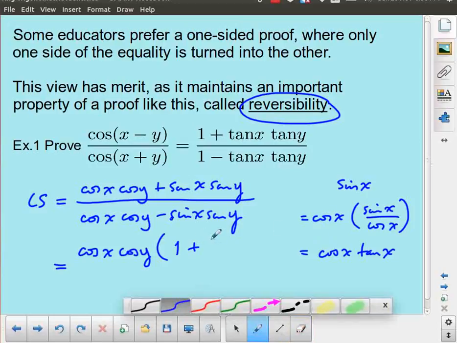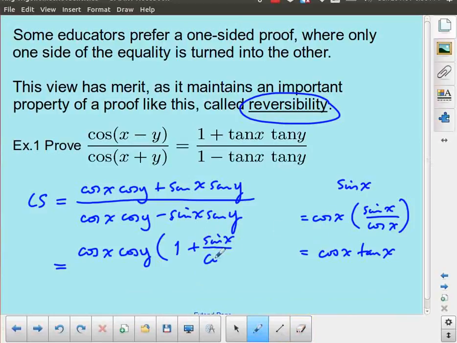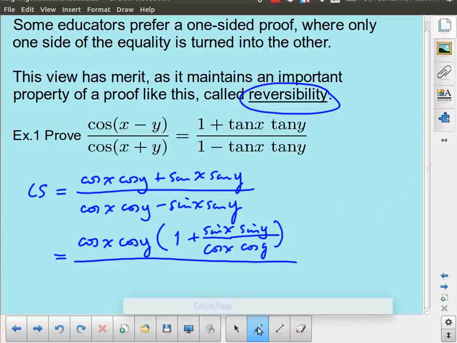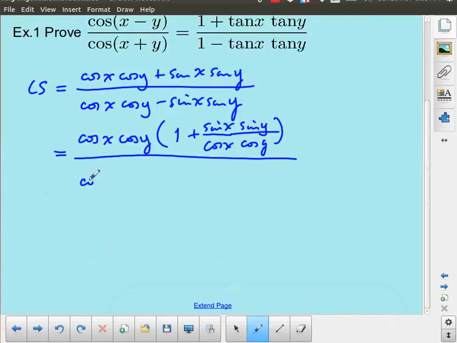which is this would be 1 plus sine x over cos x times sine y over cos y, all divided by, and over here I'm going to factor out cos x cos y, and now I get 1 minus sine x sine y over cos x cos y.